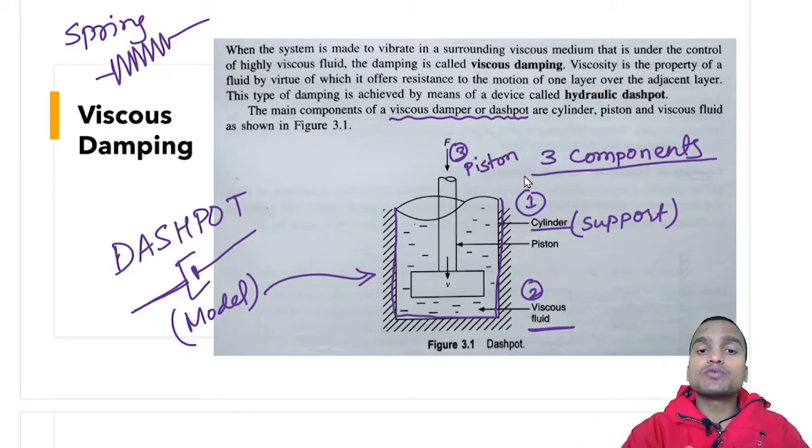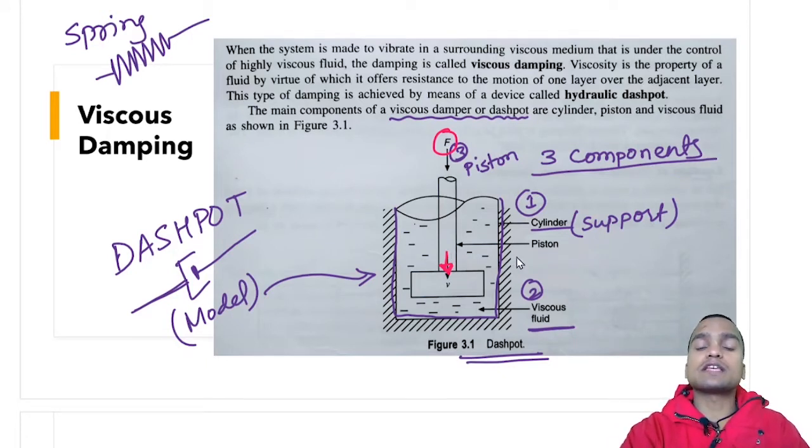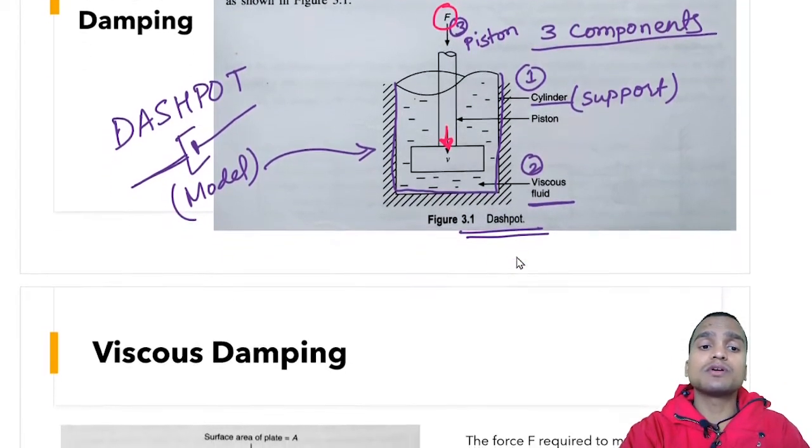So this is the drawing of the dashpot here, and the piston has some velocity, let's say v downwards. This is in the downward direction, and there is some force being applied here, also downwards. So this is how a piston dashpot looks. It has 3 components: cylinder, piston and viscous fluid.